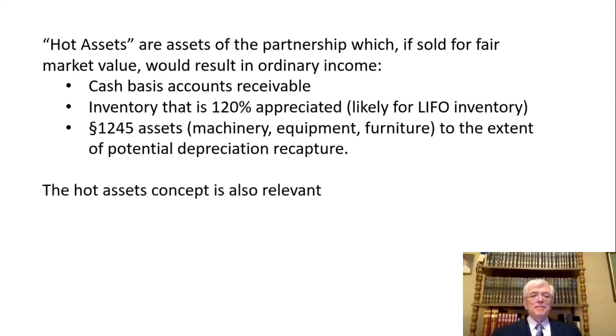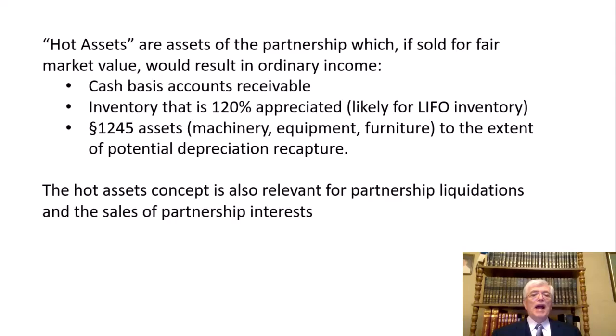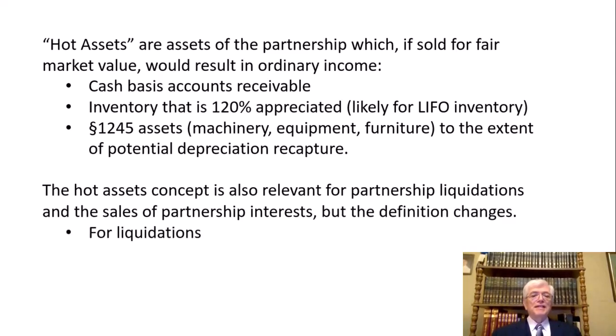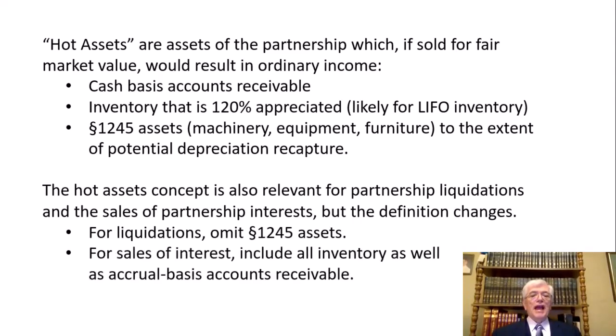The hot assets concept will also be seen to be relevant. We'll see it for partnership liquidations in the next video and sales of partnership interests, which we'll talk about also in the second video. But in that case, we're going to change the definition slightly. For liquidations, omit the 1245 assets, and for sales of interest, add all inventory, not just the 120% or more appreciated, as well as accrual basis accounts receivable.